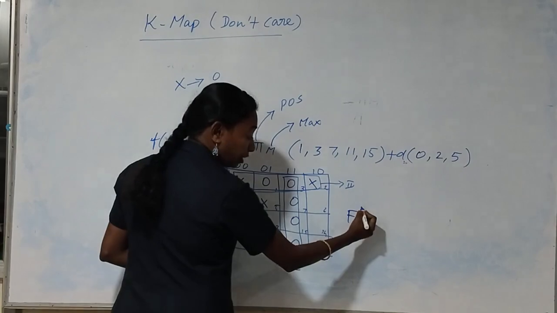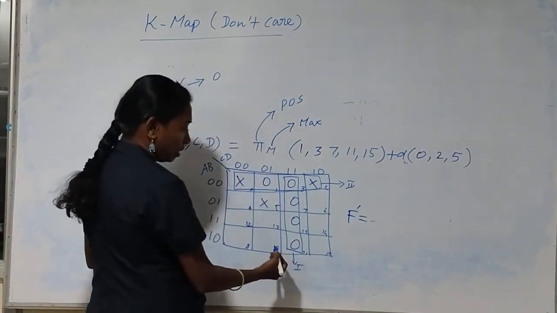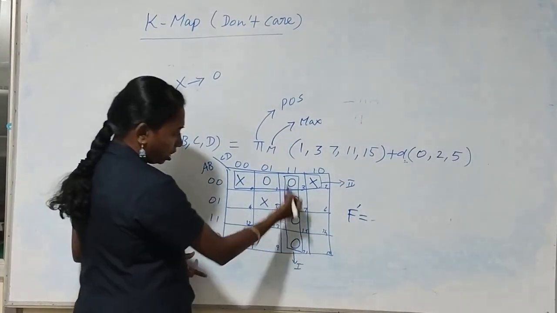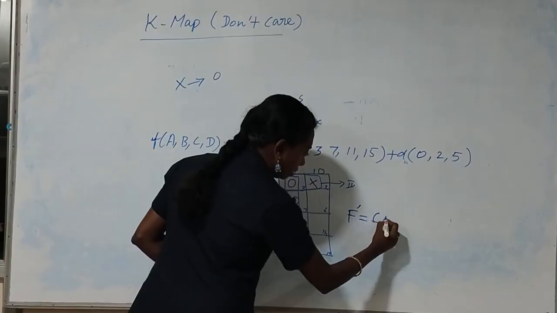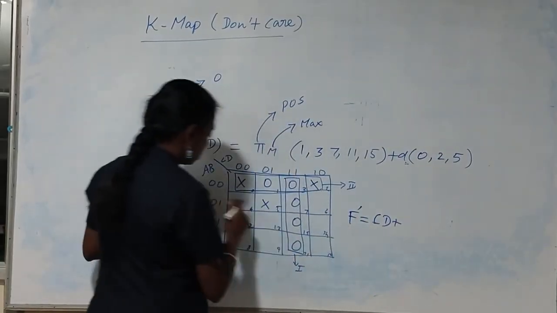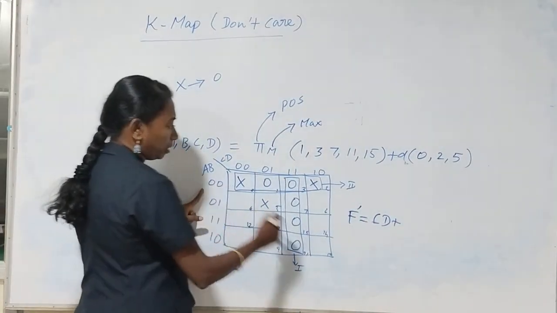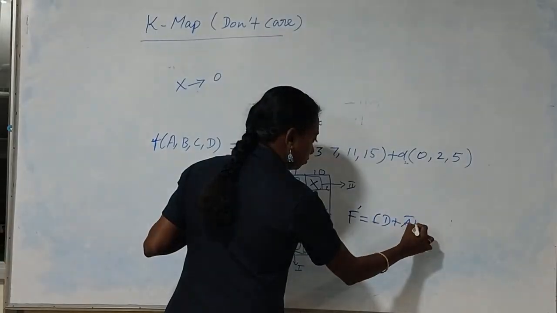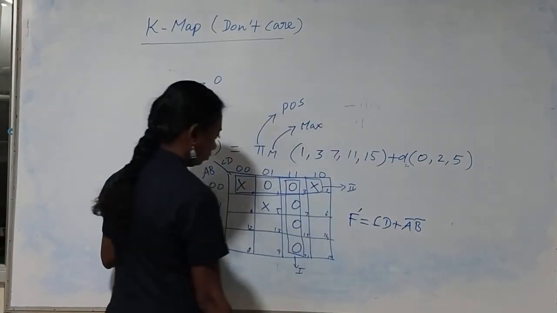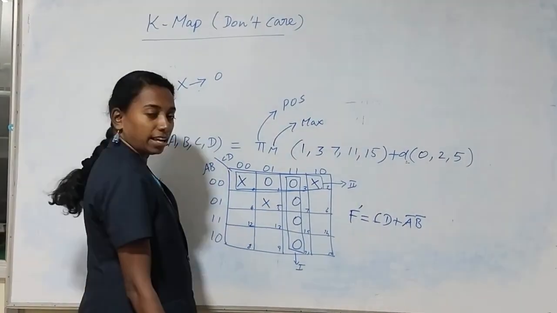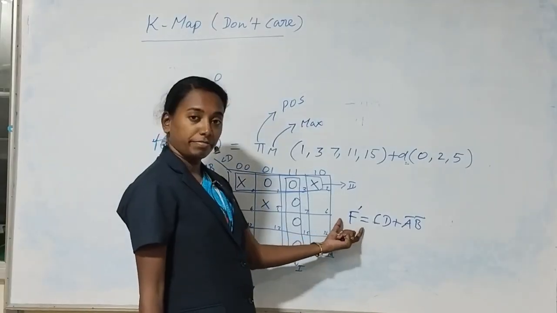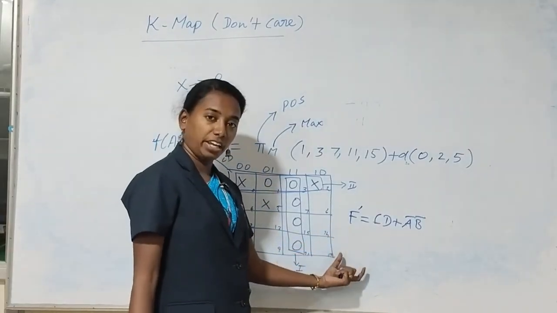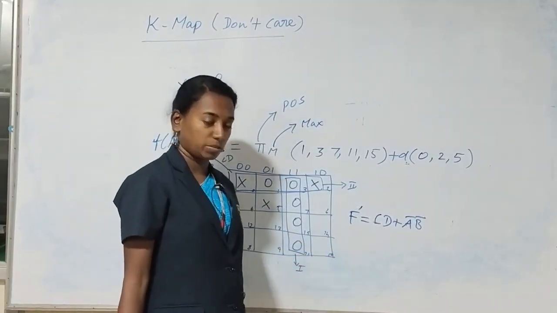Initially I am going to write F dash since this is POS. Okay. So this equation will be CD plus A complement, B complement, and here all values will cancel. So now this is F dash.